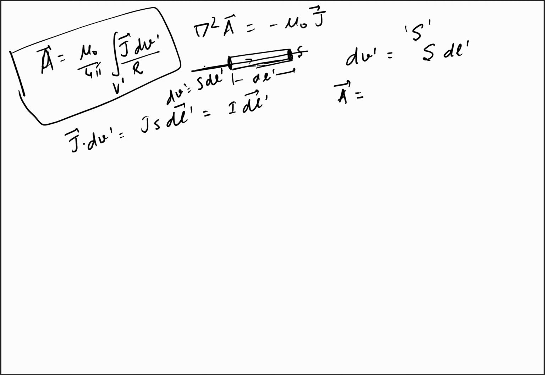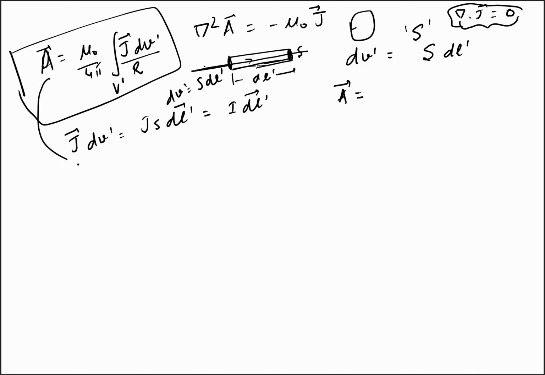Now, the steady currents we are dealing with should always flow in closed loops, because we have seen that del dot J is equal to 0 for steady currents. So they should always form closed loops.